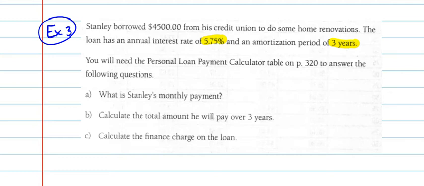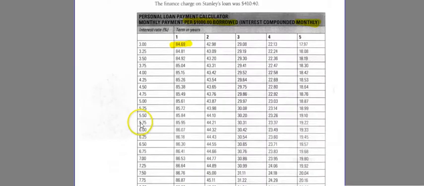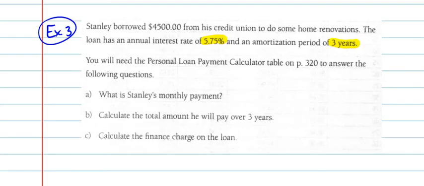So if we go back to that chart and look at 5.75% over 3 years, this is where we end up, 30.31, okay? So 30.31 is the monthly payment per $1,000 borrowed.